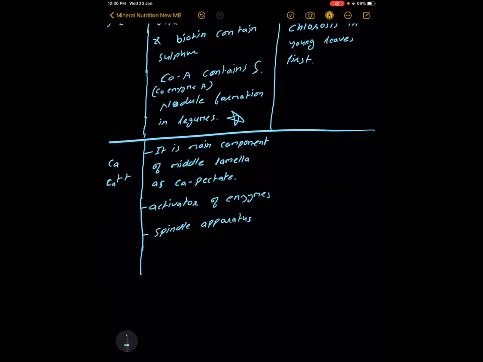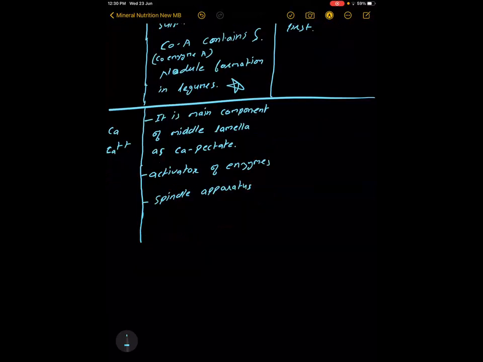So spindle apparatus formation, and permeability of the membrane is also maintained by this one. Permeability of the cell membrane is by the divalent ion. And another important function is detoxification.